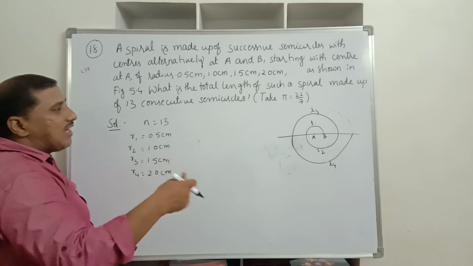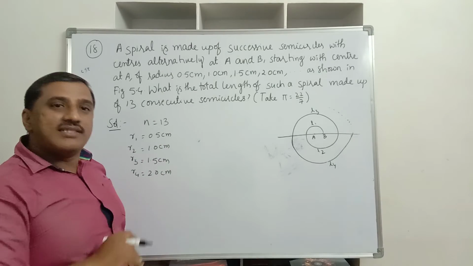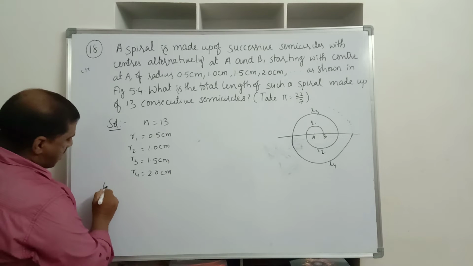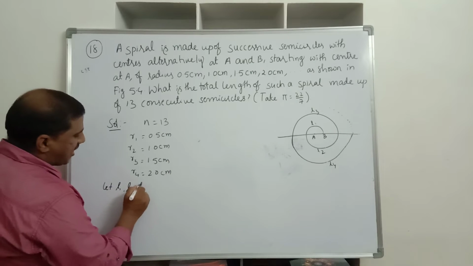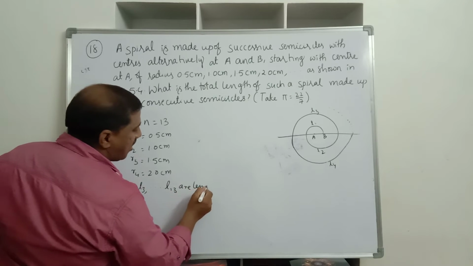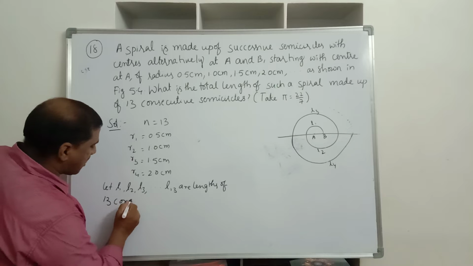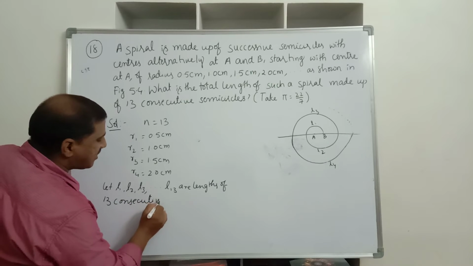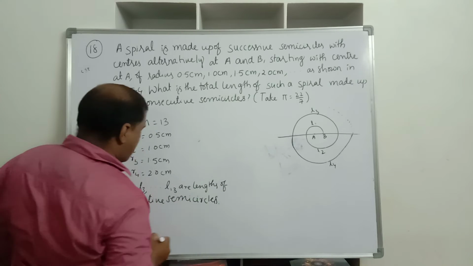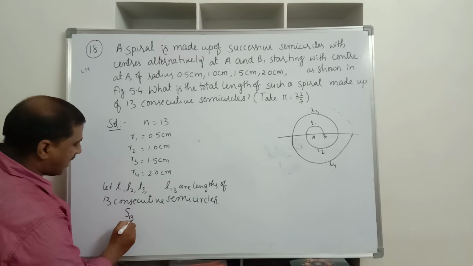Now let L1, L2, L3 and so on up to L13 be the lengths of 13 consecutive semicircles. Now we need to find the total length of the 13 semicircles, S13.